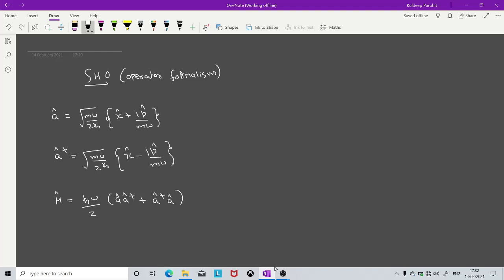So this was the expression. In the end we have derived a very important commutation relation between a and a dagger, and this was equal to 1. Let me call these equation number 1, equation number 2, equation number 3, and this is equation number 4.